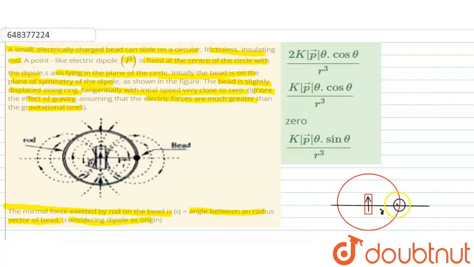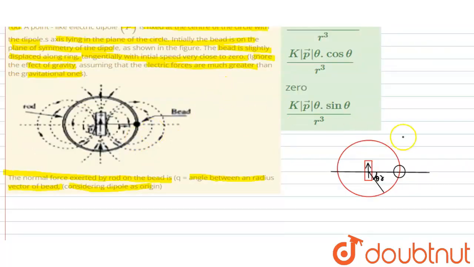If this bead displaces some place, then the angle will be theta. Let this angle be theta. So in this movement, the normal force exerted by the circular rod on this bead will be what?